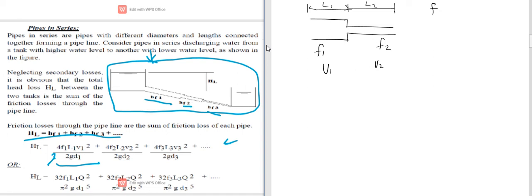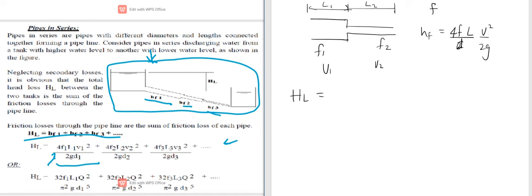So now how do we find the total head loss? It's simple. HL will just be equal to, we know that our general formula for head loss due to friction is 4F L over D multiplied by V square over 2G.